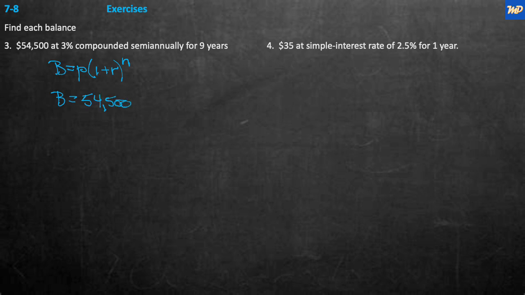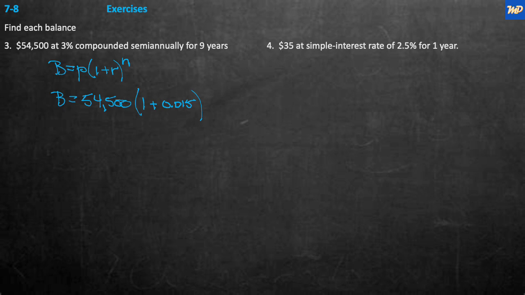It's a good investment. Times 1 plus 3% semi-annually. So that means 1.5%. We have to take the 3% and divide by 2, and we're going to get 0.015.